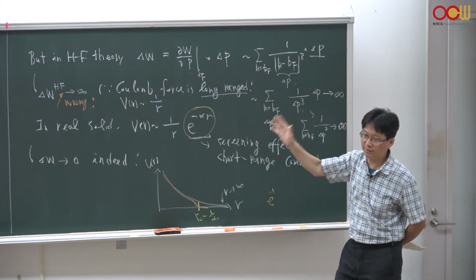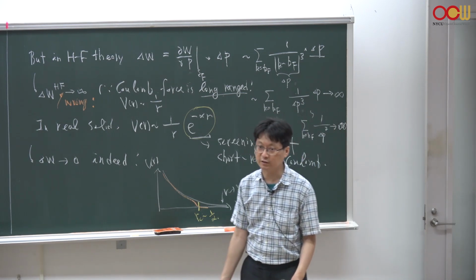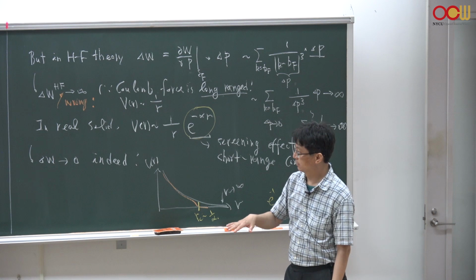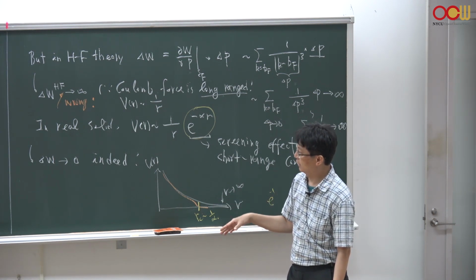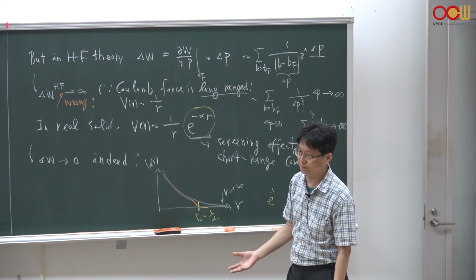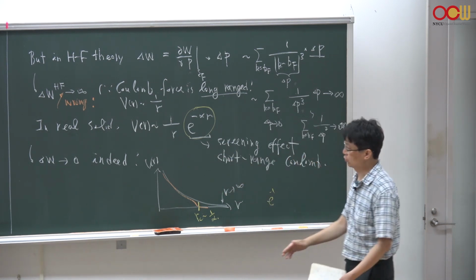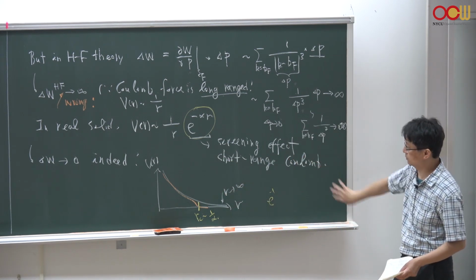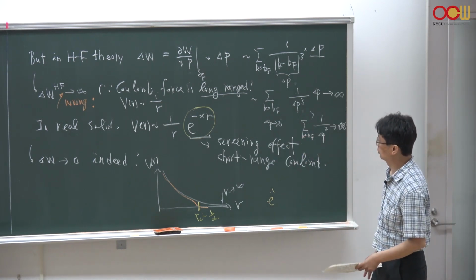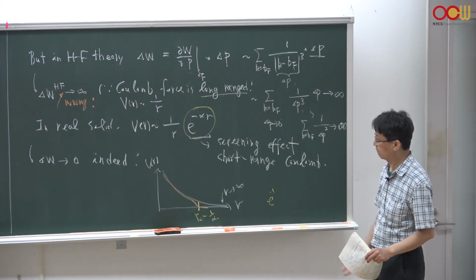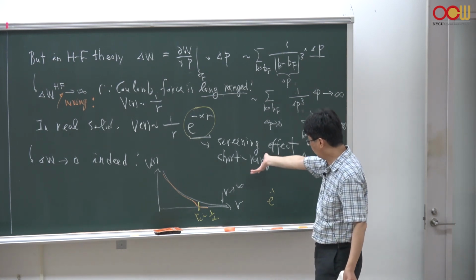So we need to totally abandon the starting point of the Hartree-Fock theory, meaning we should not do this perturbation theory based on the free electron gas and then put the Coulomb interaction in as a small perturbation. This kind of approach will naturally lead to such trouble. So we need to give up this simple and naive approach to the Coulomb effect in metals, and find an alternative way to really capture the screening effect.